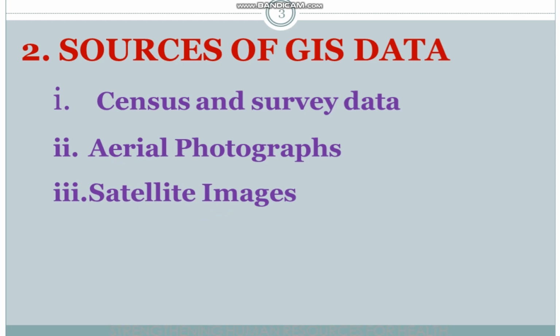Then we have satellite images. Again, these are remotely captured images collected by sensors on board a satellite and then relayed to Earth as electronic signals, which are processed by a computer to produce an image.